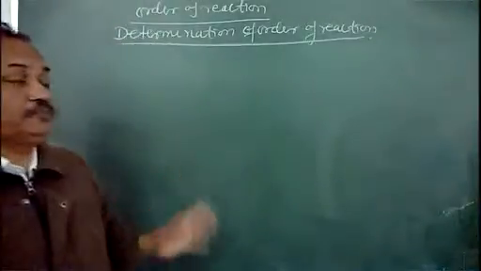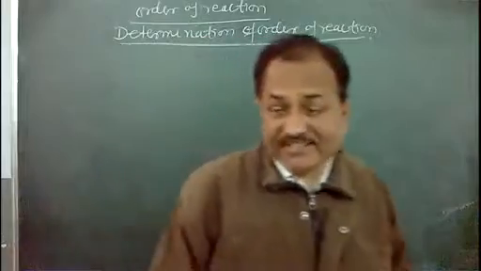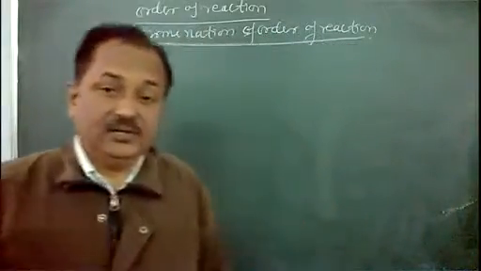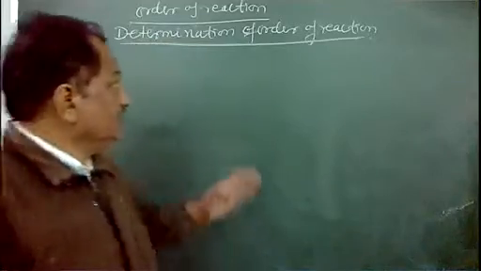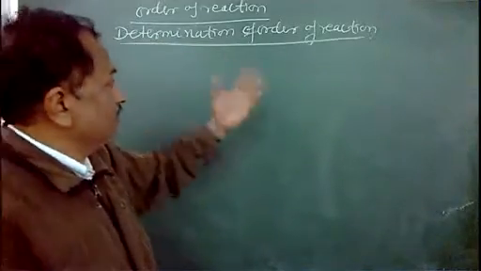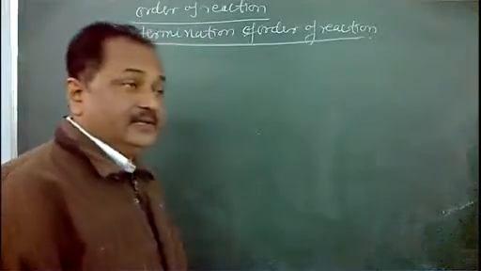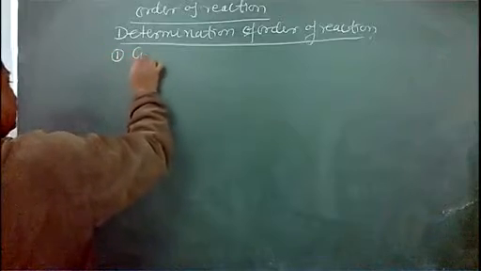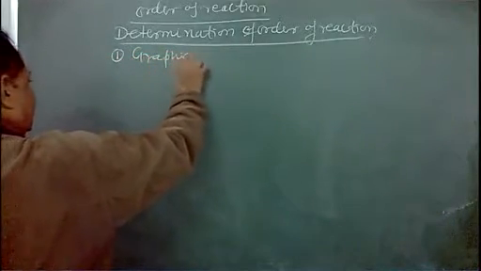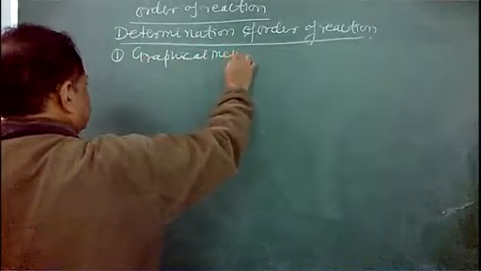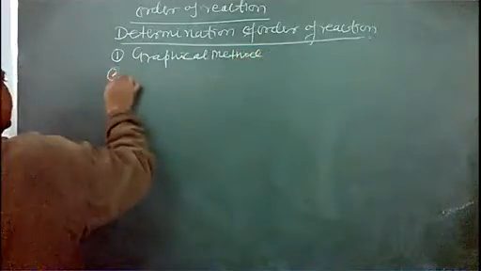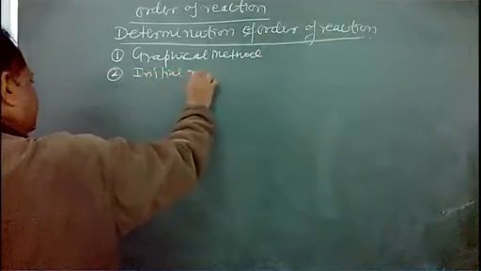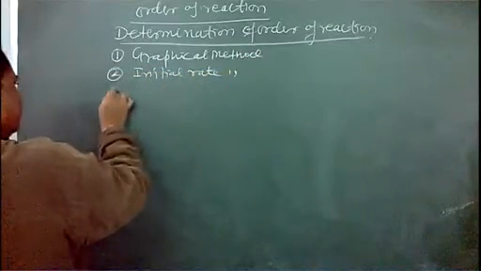Now I am going to explain some basic points which are very relevant in the determination of order of reaction. So children, there are few methods. First is the graphical method. Second is the initial rate method.